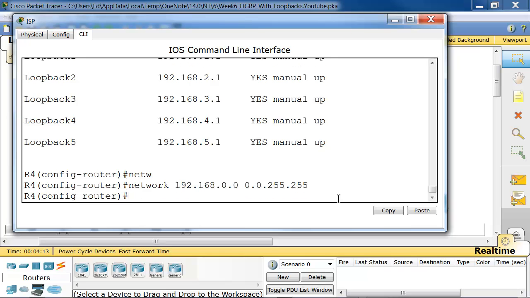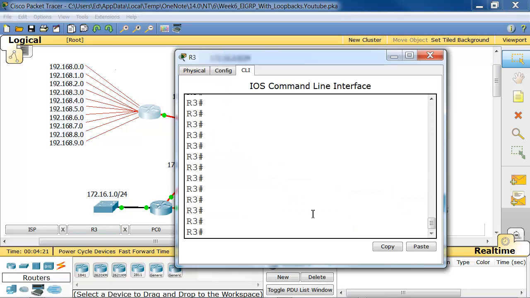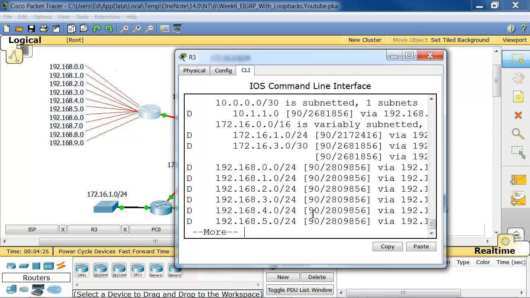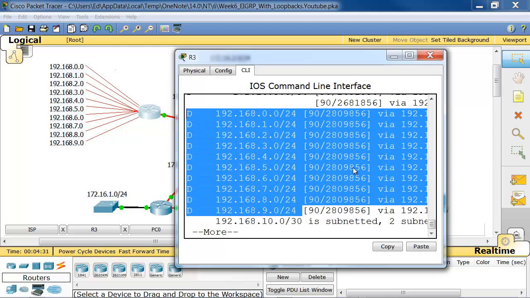Fantastic. Do that, and if we go over to our other router over here, router 3, and we type show ip route, what we see are all of the routes it knows about. And look, it knows about all of those routes now. Well, that works. It's perfectly fine.